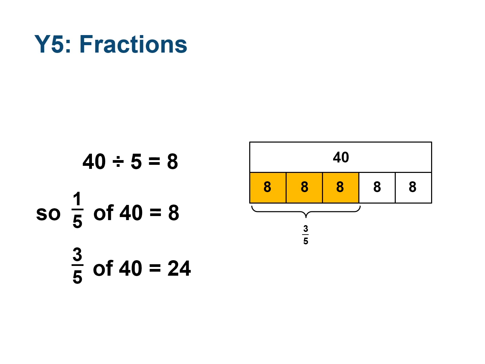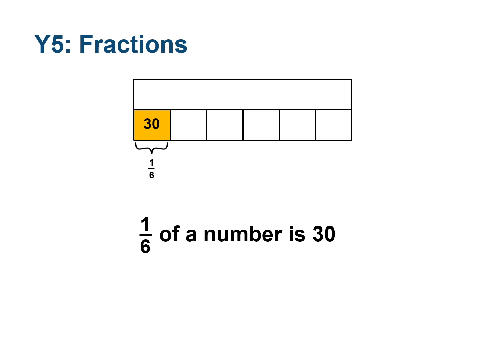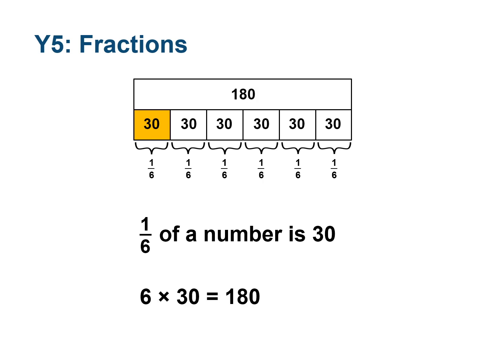And pupils should also be able to use short division and short multiplication to find fractions of larger numbers. Pupils should also be able to work out a whole given the value of part of a number. So if 1/6 of a number is 30, then the whole number is 6 groups of 30, which is 180.